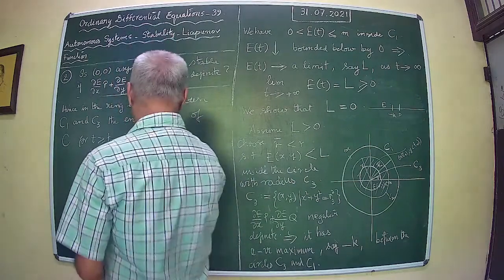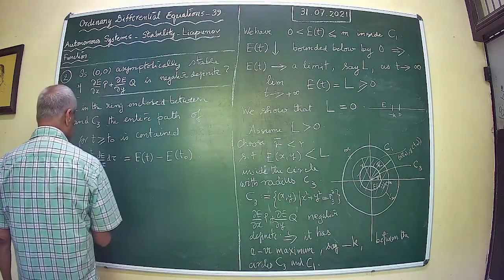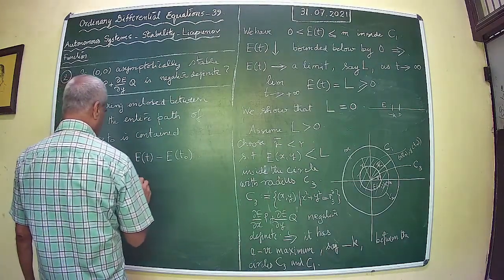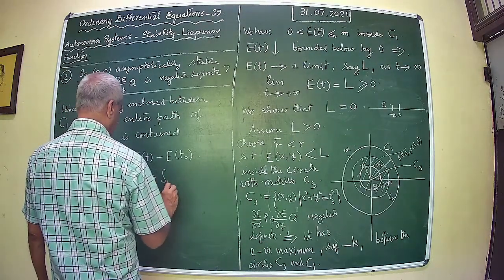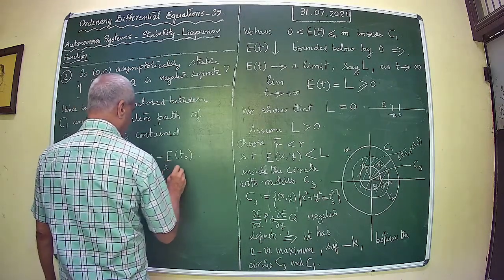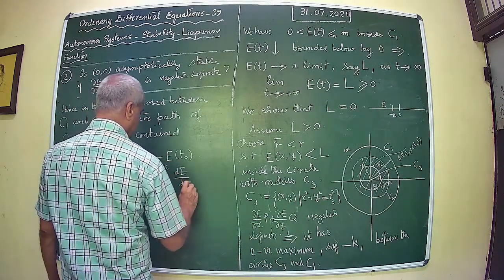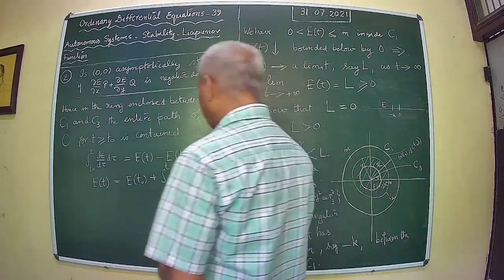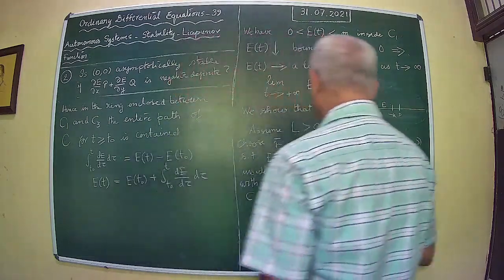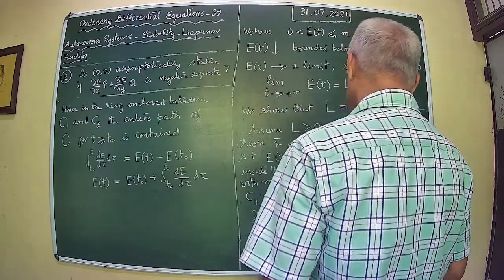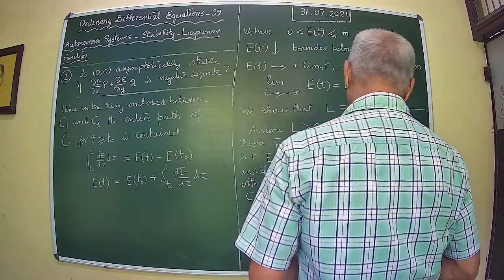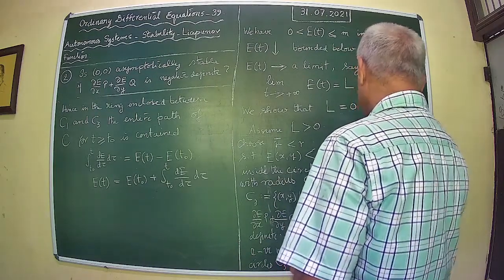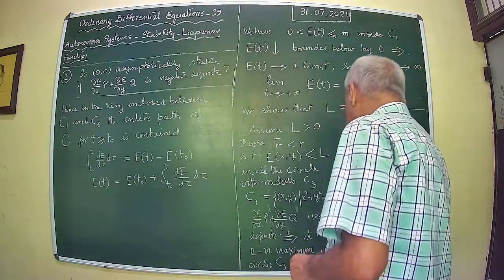So if you write this up, E(t) is equal to E(T0) plus the integral of dE by d tau d tau, and we use the fact that dE by d tau, that is this one, has a negative maximum in this particular part, say minus k.